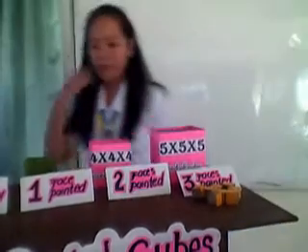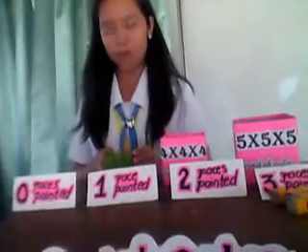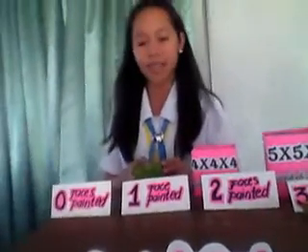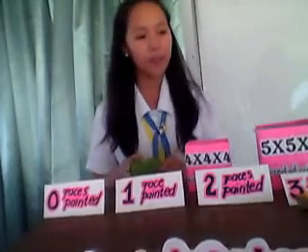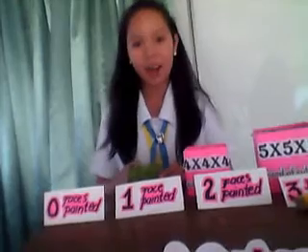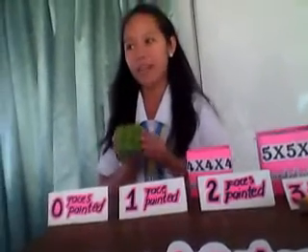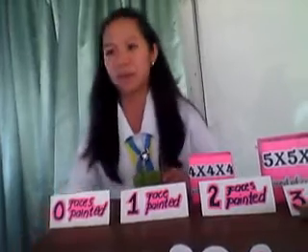My first method to identify how many 1 by 1 cubes compose a 3 by 3 by 3 cube is to multiply 3 times 3 times 3. So there are 27 small cubes in a 3 by 3 by 3 size of cube.